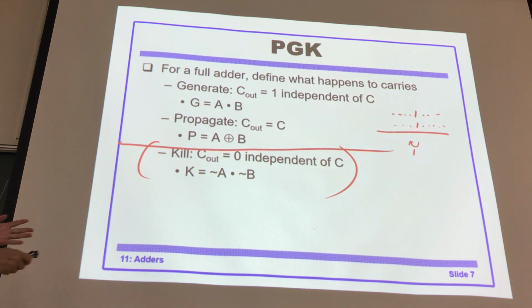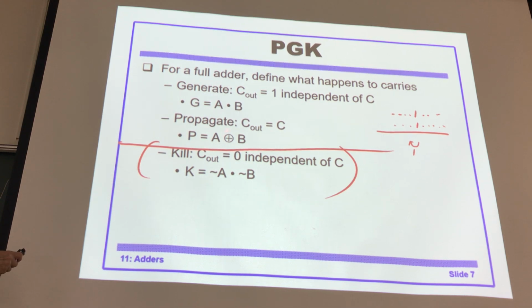Just that bit position is enough to generate a carry out. That's true? If both are 1, 只要那个位置两个都是1一定会 carry out. We don't have to take into account the carry in. 你不用看 carry in 就知道它一定有 carry out. We call that carry generate, by itself, just that position will generate a carry out.